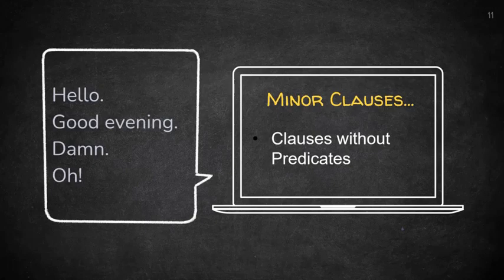So they are complete ideas. And most minor clauses are not really analyzed in SFL. So for now, let's just put them aside a little bit and let's discuss the one that we are going to use for our analysis throughout the semester, the major clauses.